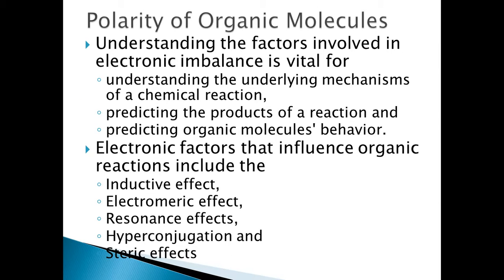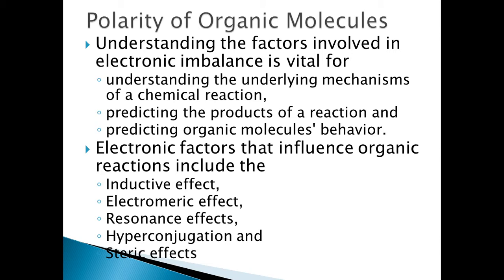If you understand the factors that are involved in this electronic imbalance, you can understand the underlying mechanism of a chemical reaction. You can also predict the product of such a reaction, and we can predict the behavior of organic molecules.